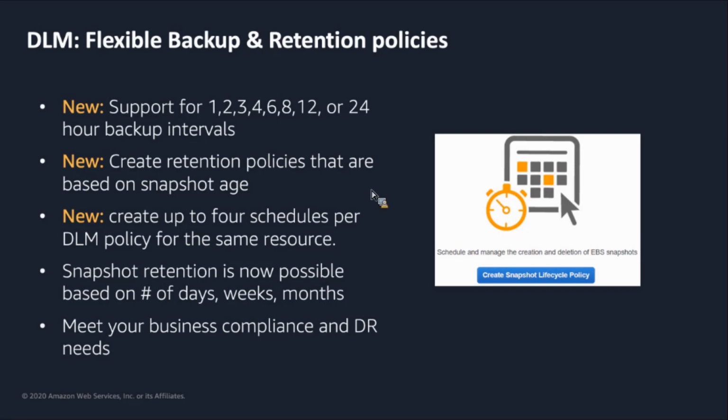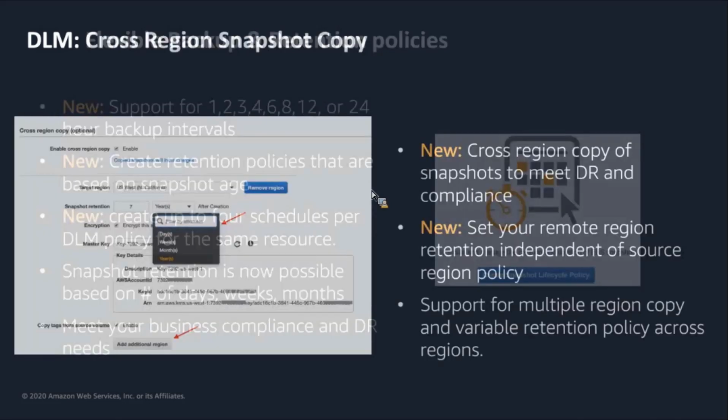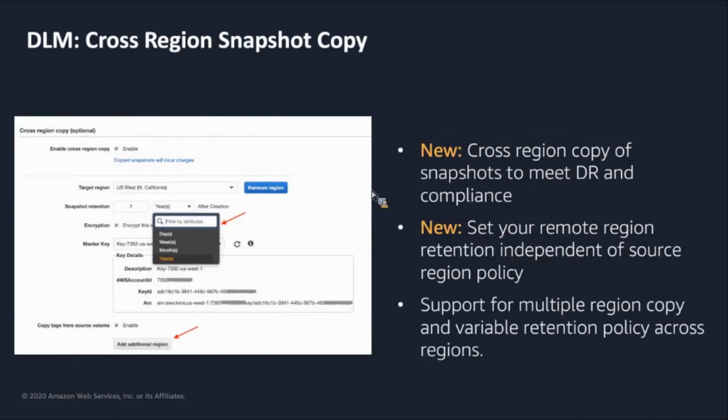Snapshot retention is now possible based on number of days, weeks, and months. And in different regions, you can have different sets of retention policies to meet your business continuity and DR requirements. So this is a picture of what we will see in the lab of how to do a cross-region copy of your snapshots.